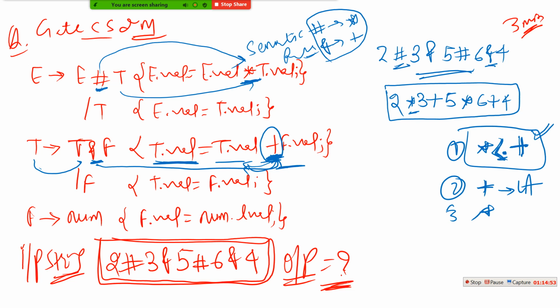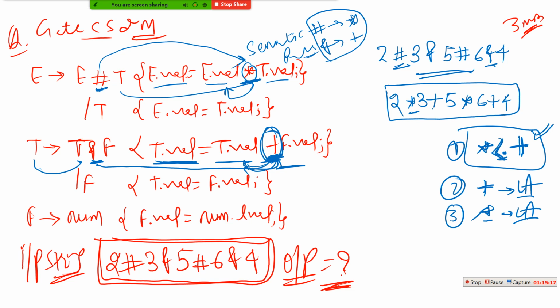And third, what about the multiplication operator? Here I have E value equals E value dot T value. So multiplication is also left associative. So both the addition and multiplication operations are left associative.